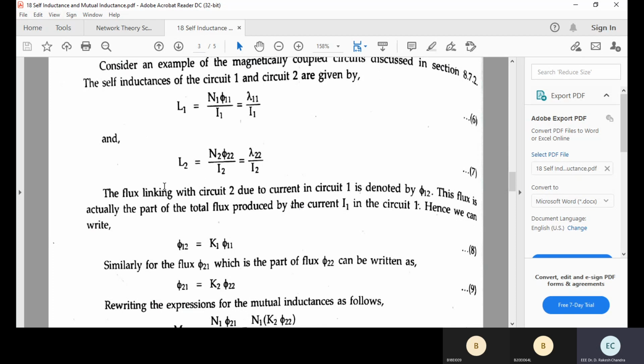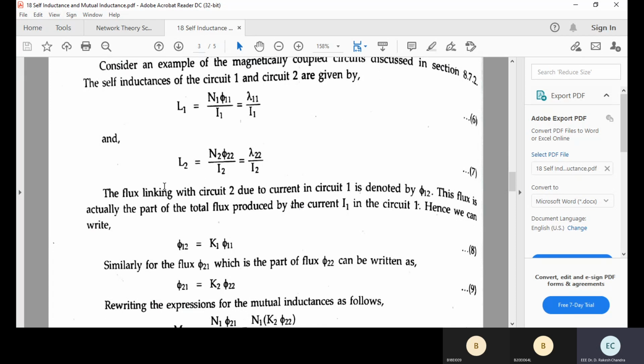phi12. This flux is actually part of the total flux produced by current I1 in circuit 1. That means the total flux produced in circuit 1 is not all linked in circuit 1; some portion is linked to circuit 2, that is phi12 from 1 to 2. Out of the flux, 0.8 may link in circuit 1 itself and 0.2 may link to circuit 2.